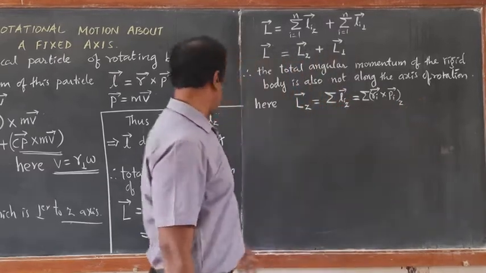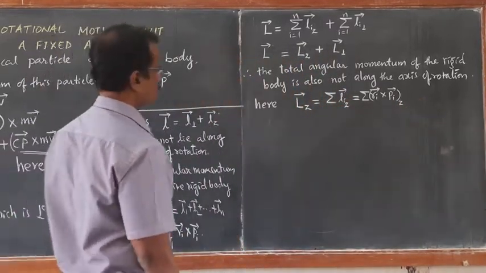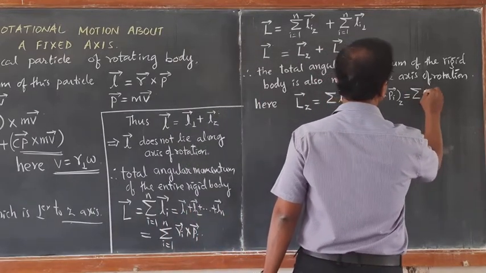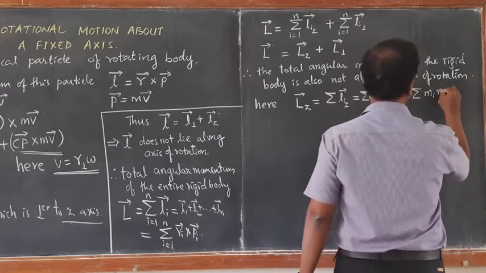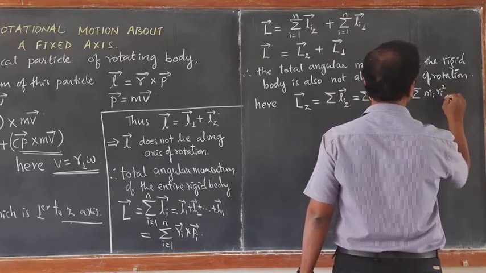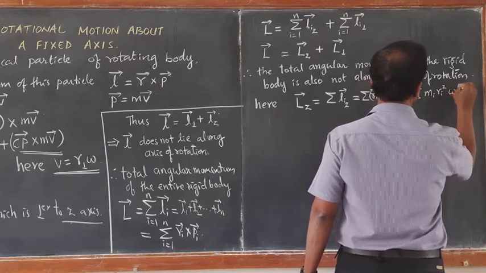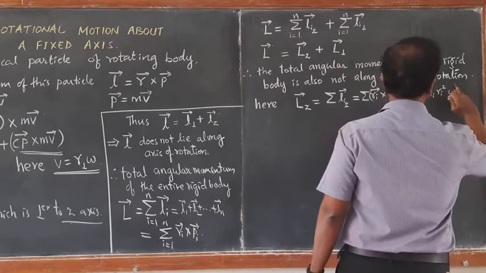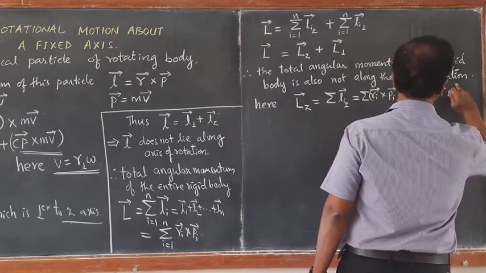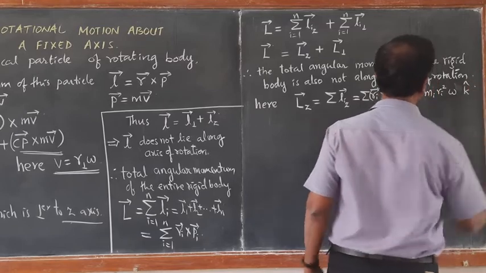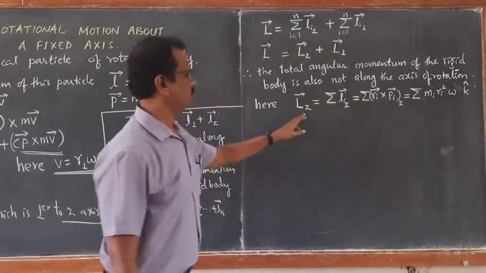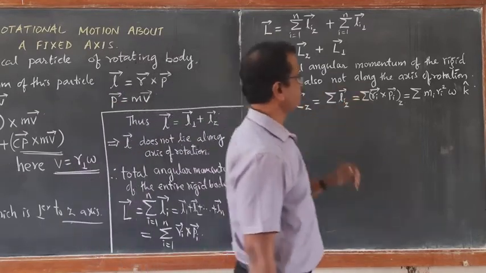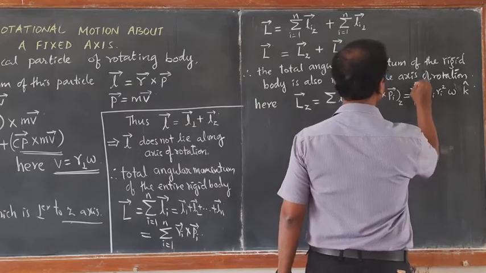This we have already calculated here: summation mi Ri square perpendicular into omega, not omega square, just omega, as we got it earlier, into k cap. The k cap shows you the direction of this z component of angular momentum, i equal to 1 up to n.